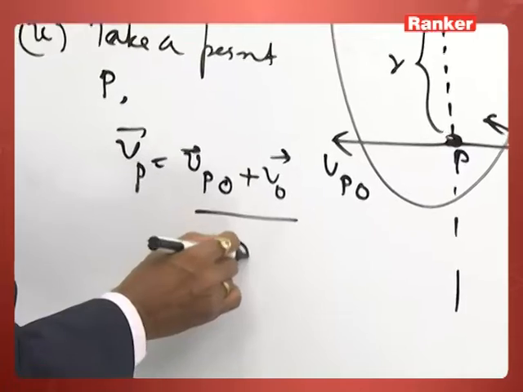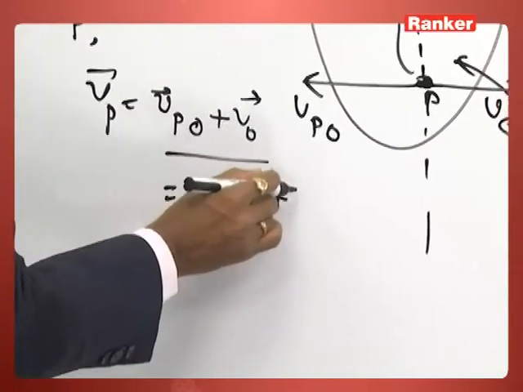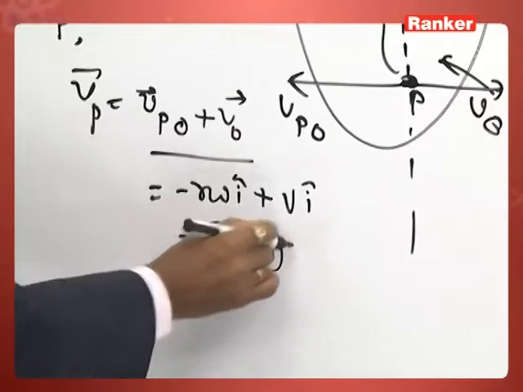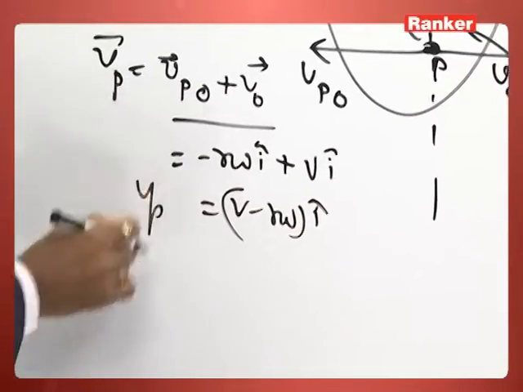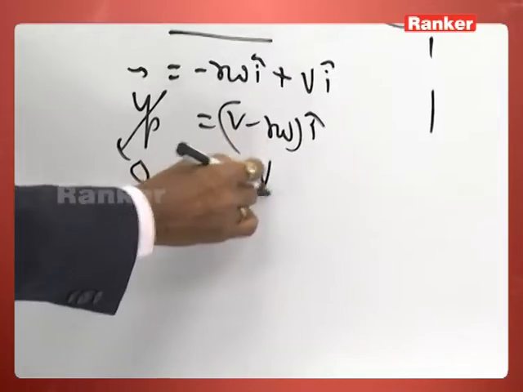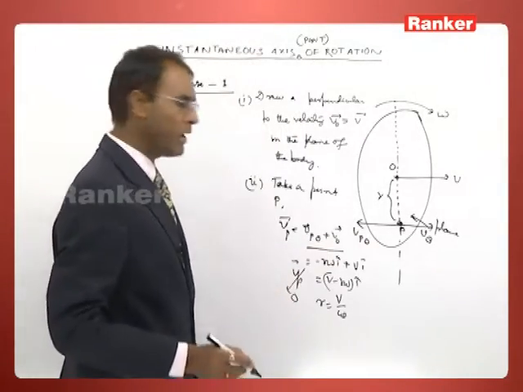Vpo is equal to minus r into omega i cap, and Vo will be equal to V i cap. You are getting V minus r omega i cap. Since you put Vp is 0, so r will be equal to V upon omega.